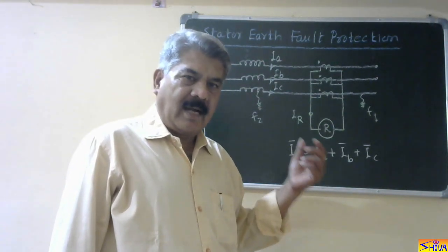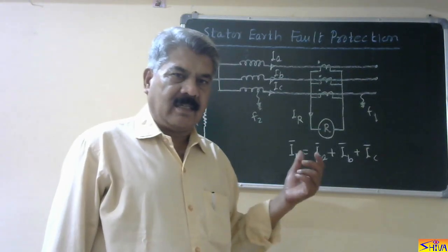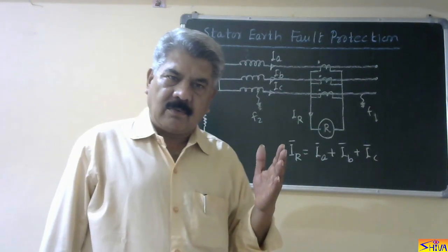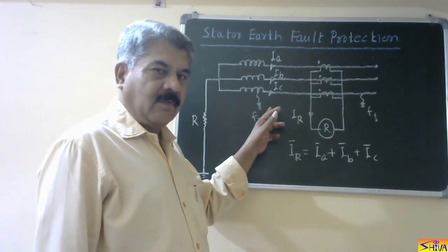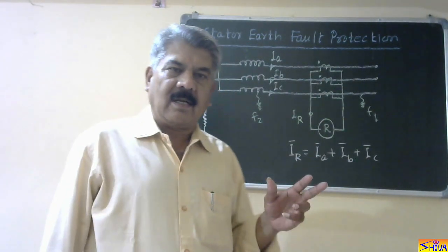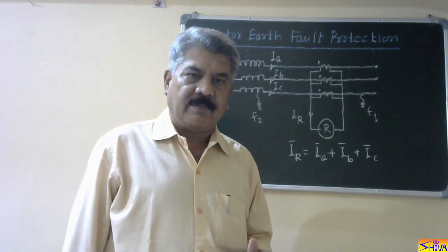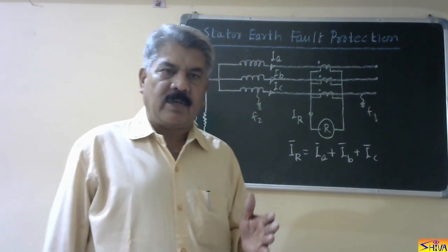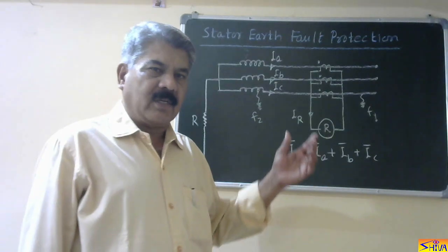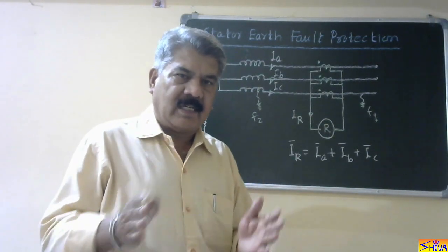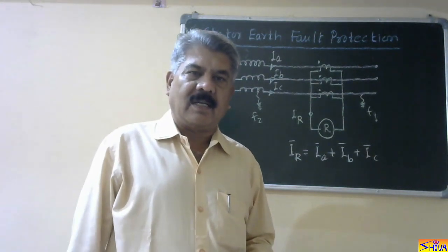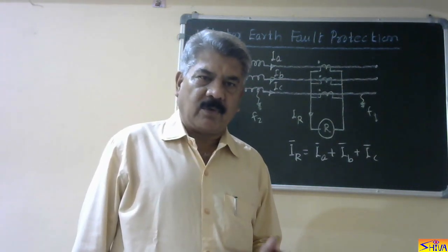So that also protects the generator against earth fault, but only against earth faults taking place on the generator winding. That is called restricted earth fault protection. Why restricted? Because that protection provides protection to generator earth faults only, that is, restricted to the protected area.